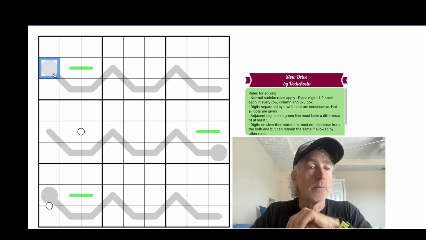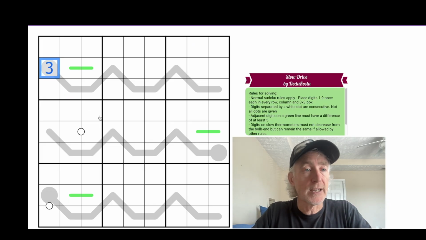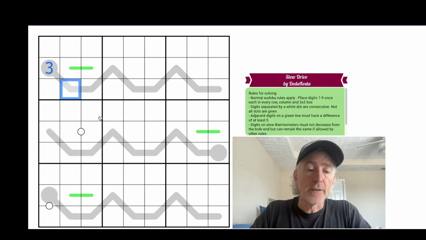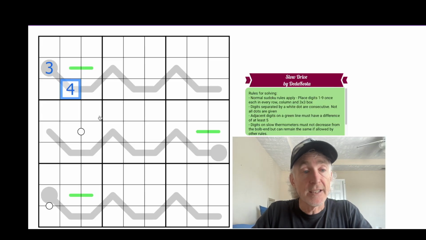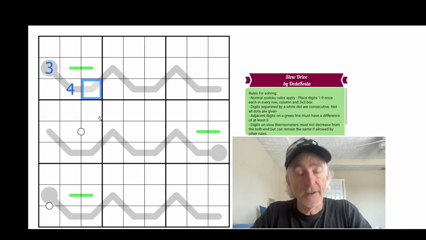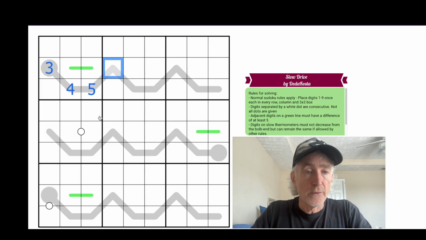So basically, for example, say if you started with 3 here, this would have to be at least a 4. It could be higher, but it has to be at least a 4. This would have to be at least a 5. And this would just continue like that.